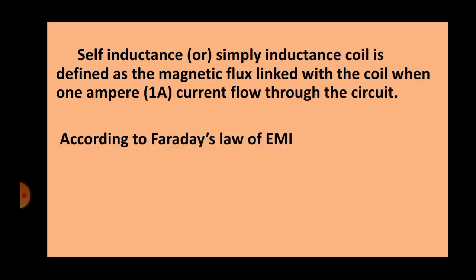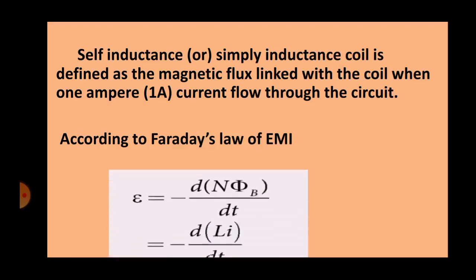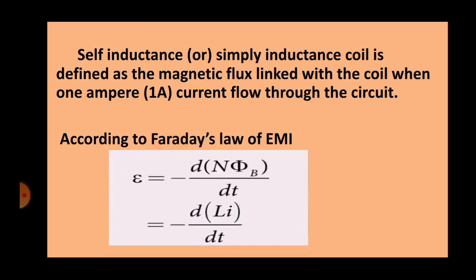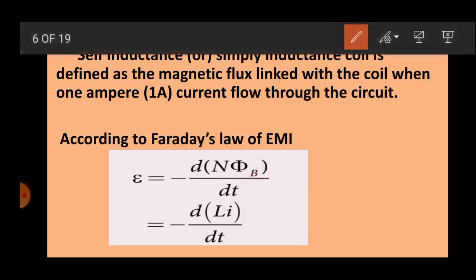This self-induced EMF is given by E is equal to minus N d phi by dt. Already we know N phi B is equal to L I. Now substitute: E is equal to minus d(L I) by dt.